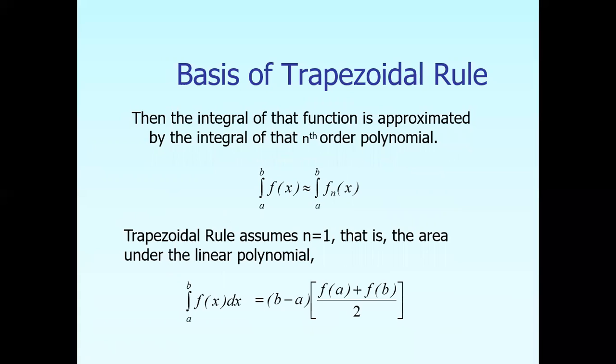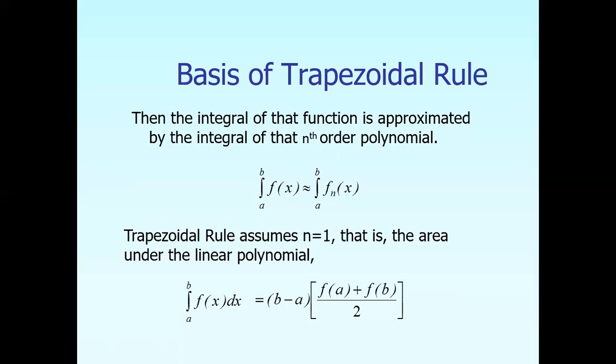Then the integral of that function is approximated by the integral of that nth order polynomial, that is integration of a to b f of x is nearly equal to integration of a to b fn of x. Trapezoidal rule assumes n is equal to 1. That is the area under the linear polynomial.